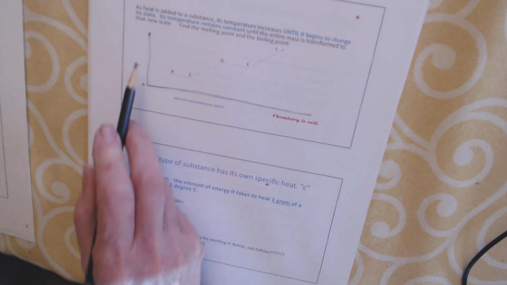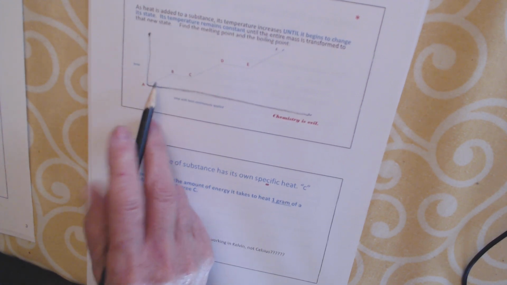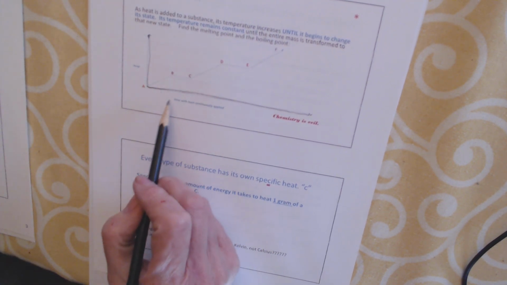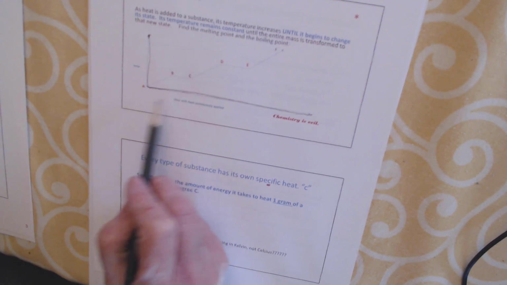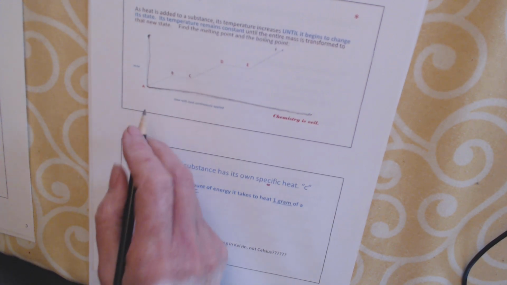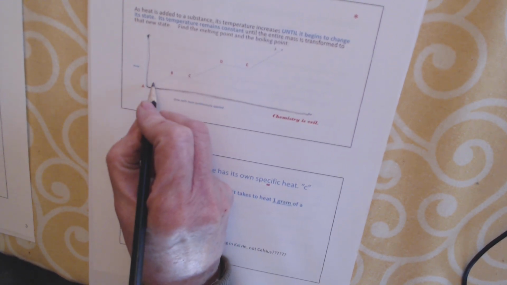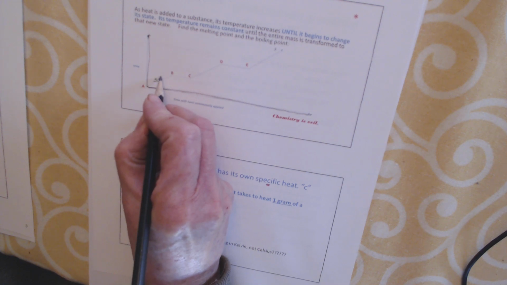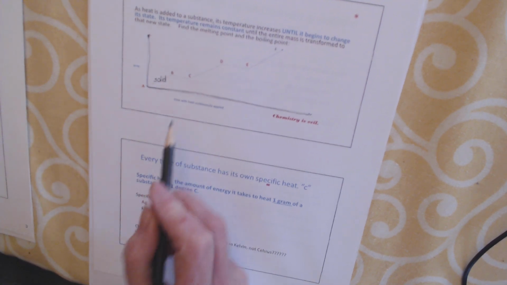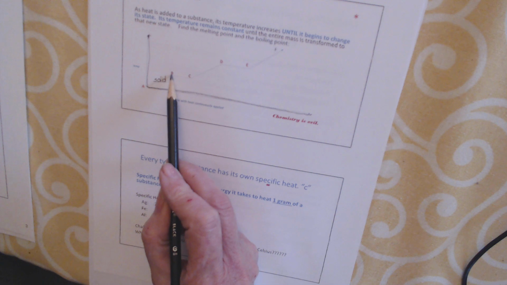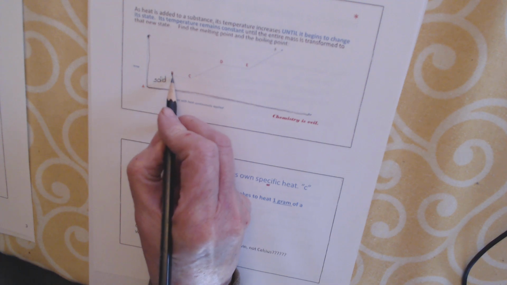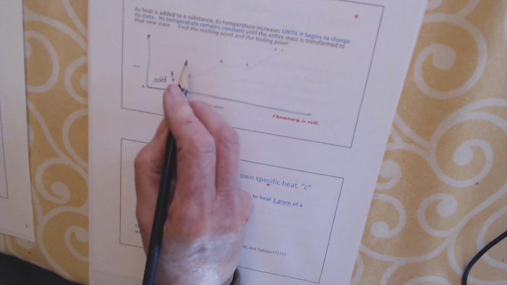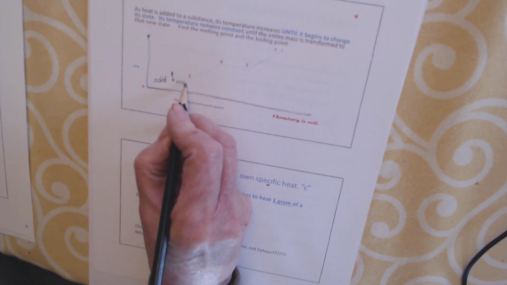All right, and that means the temperature of the object in question that is having the heat continually applied to it. And when you start off applying heat, let's say that your substance is first a solid. All right, you're applying heat, applying heat, applying heat, and at some point your solid is going to start to melt. And so we're going to call this B on the graph the melting point.